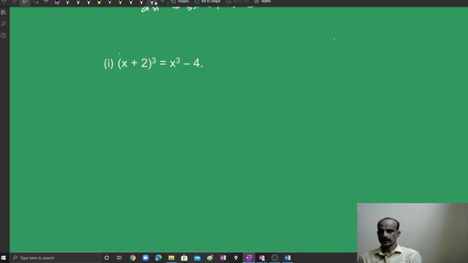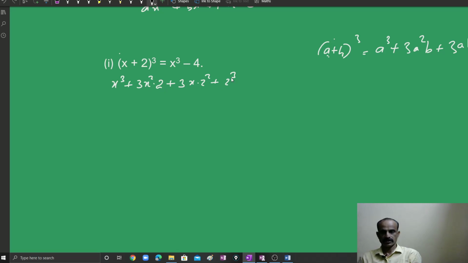Okay. So we will expand this. What is this? A plus b whole cube. It is of that form, a plus b whole cube. What is that? a cube plus 3 a square b plus 3 a b square plus b cube. So x cube plus 3 a square into b plus 3 a b square plus b cube is equal to x cube minus 4.